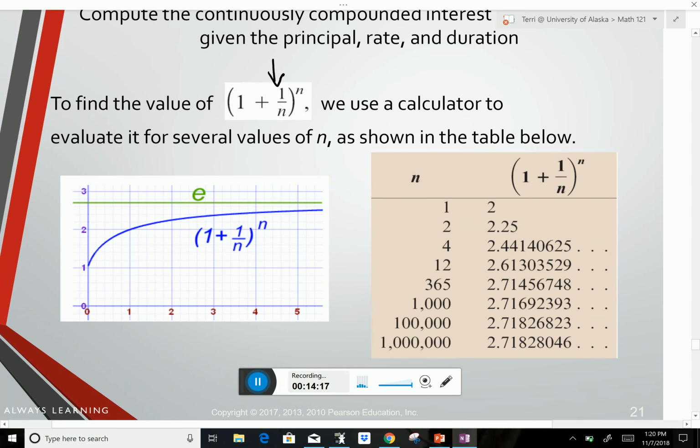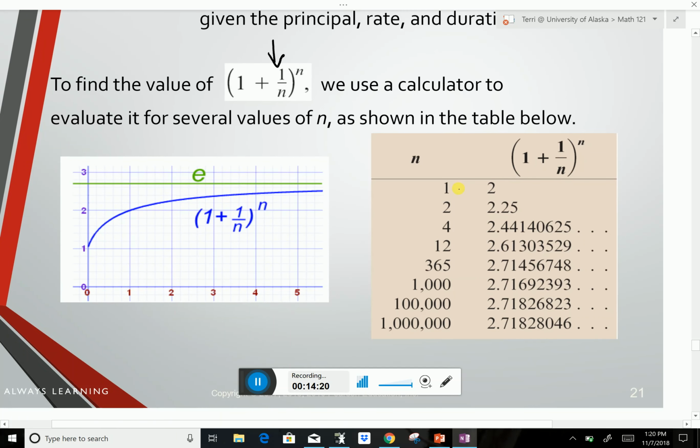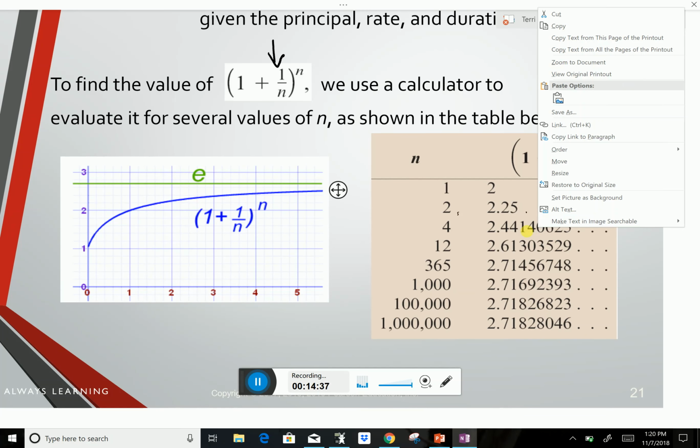If I use the calculator and I show you various values, if n is only 1, that's 1 plus 1 to the 1 power, it's 2. If I put in 2, it's 2.25. Put in 4, it's 2.44. And you can see what happens.